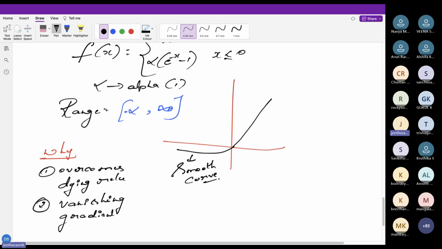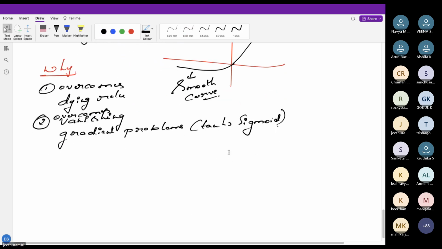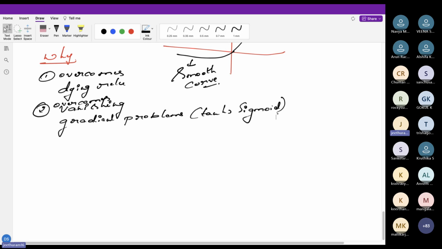These two problems it will overcome. Usually the vanishing gradient problem is seen in tanh and sigmoid, so it overcomes them. Okay. Understood related to ELU?